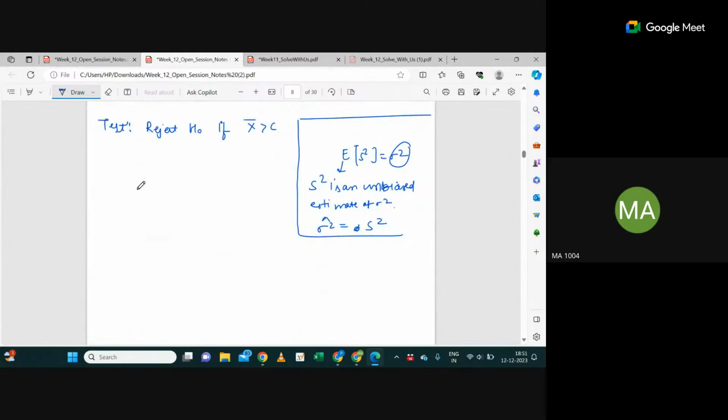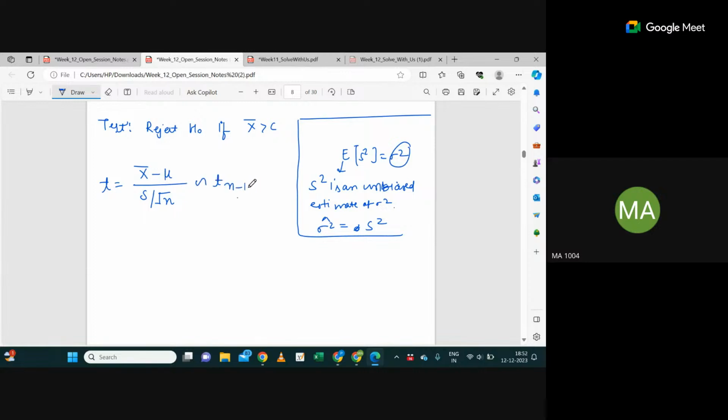So the t statistic is defined as x bar minus mu divided by S by root n. It's the same, the only difference is that variance is not given to us. It will follow a t distribution with n minus 1 degrees of freedom.